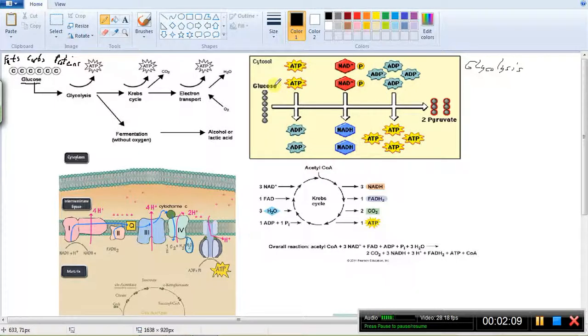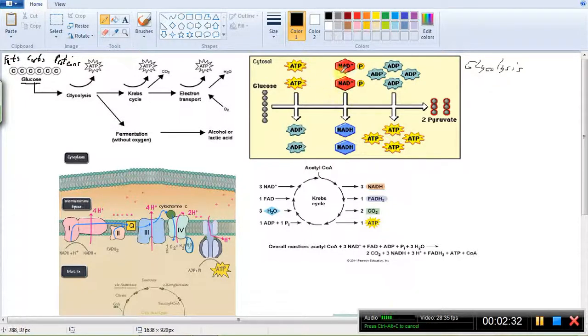So notice in glycolysis, we need 2 ATP, and we use those 2, and they turn into ADP. We start with NAD, we end with NADH. Remember, NADH are the electron carriers that we use later in the electron transport chain. And then we need 4 ADP, and we get 4 ATP.